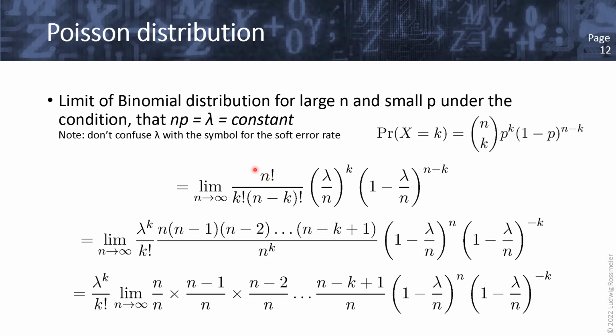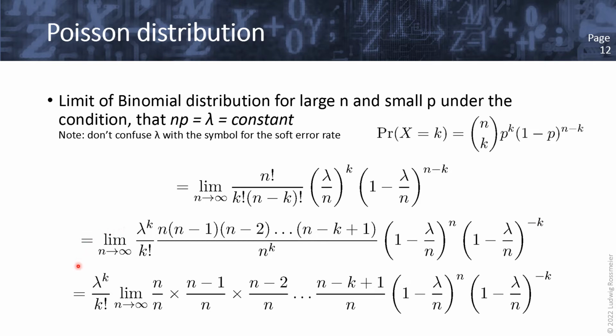Then n factorial over n minus k factorial will be written in a longer form, like here. And in the denominator, n to the power of k comes from this term here. The powers of this term will be split using the power of n and using the power of minus k.